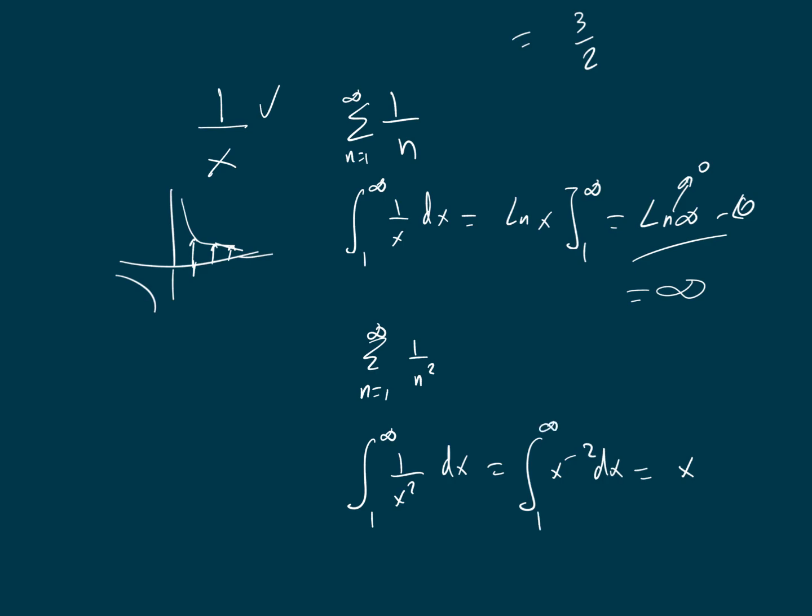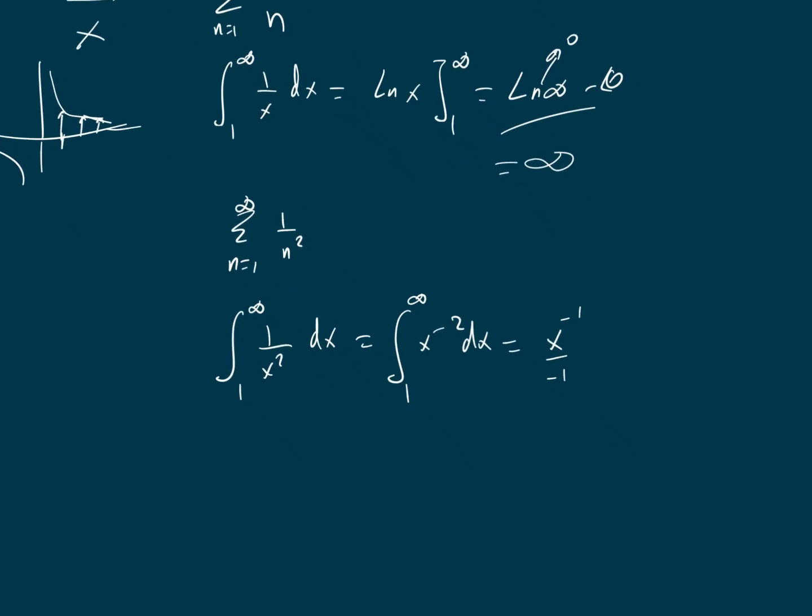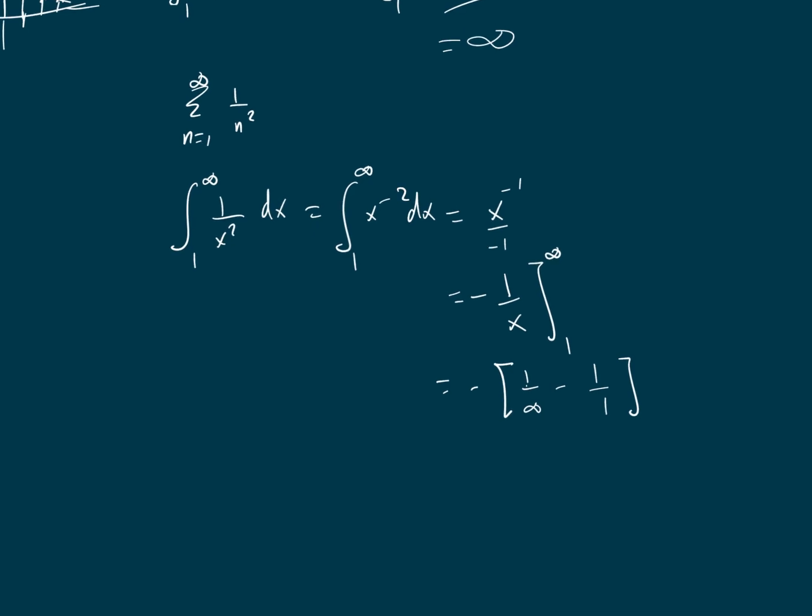The result will be x^(-2+1), x^(-1) divided by -1, or -1 divided by x, evaluated between 1 and infinity. So it will be -1 divided by something that goes to infinity, minus (-1 divided by 1). When x goes to infinity, 1 divided by infinity goes to 0. So this is positive 1, so it converges.